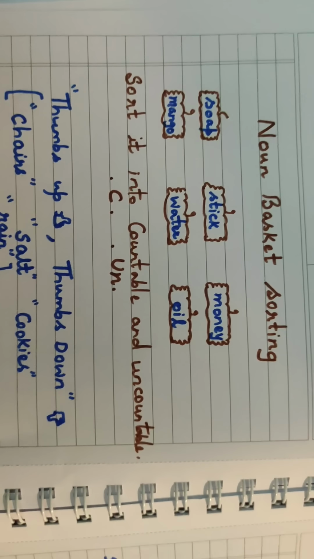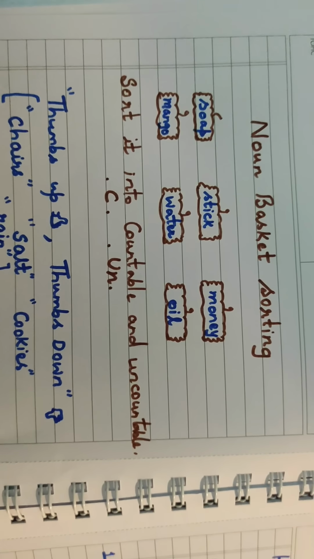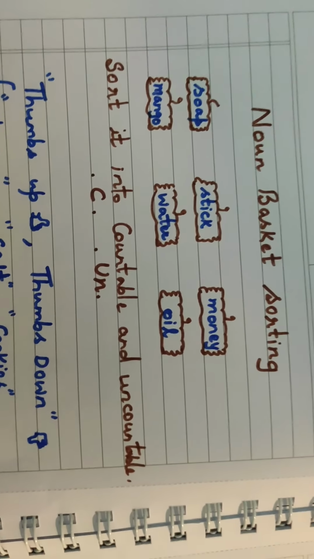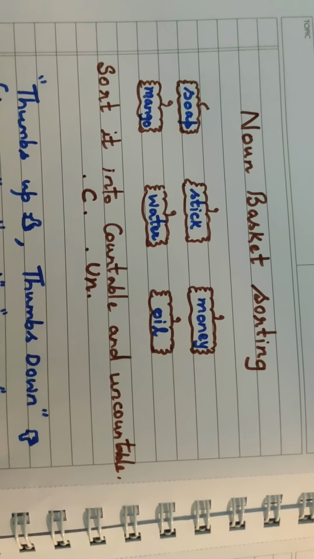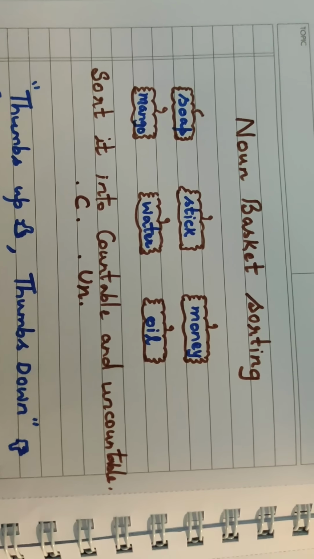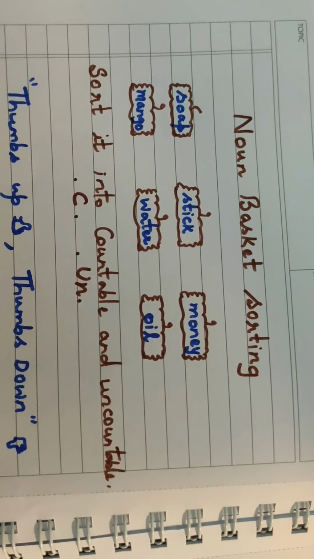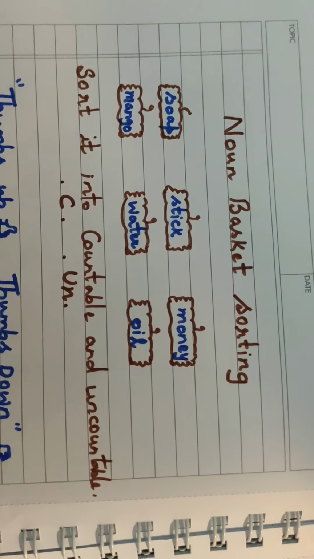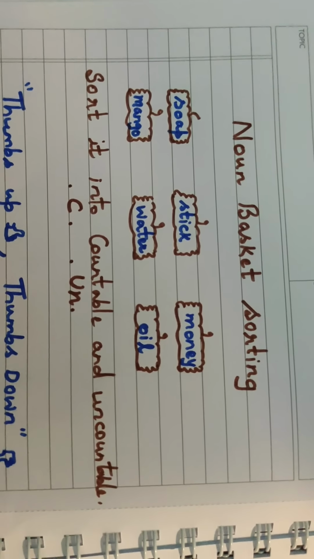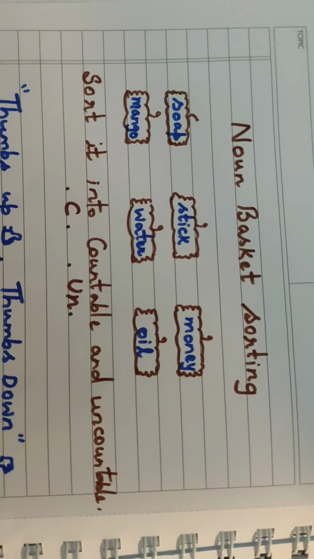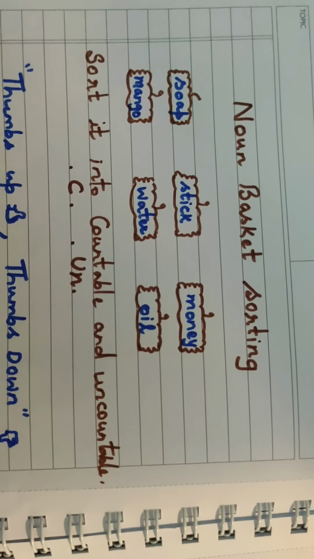Now this is an activity: noun basket sorting. There are 6 baskets here. One has soap, stick, money, mango, water, oil, all given in separate baskets. Soap is the first one.